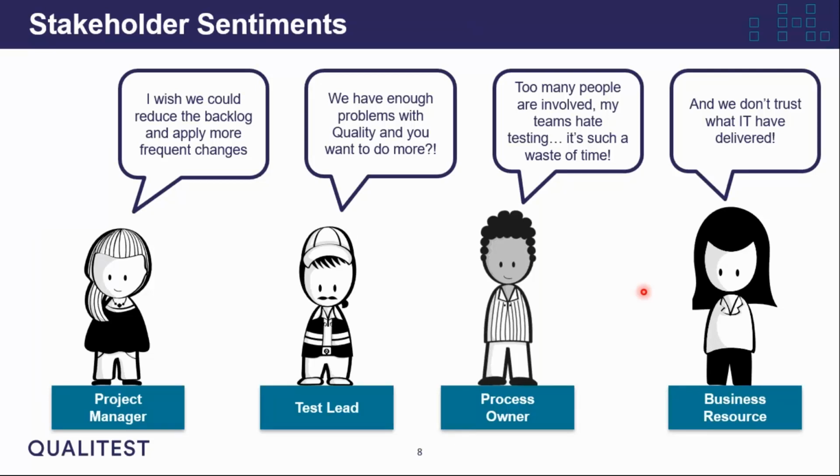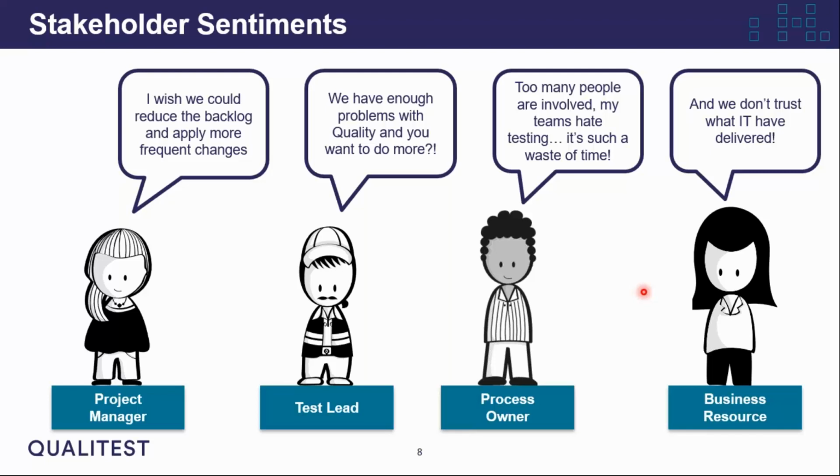So we have our stakeholders on the screen. Obviously, typical people that are involved in changes and deployments, from our IT side through to the business. When we're engaging with customers, typically these are the things that we hear on a regular basis. So can we reduce the backlog?